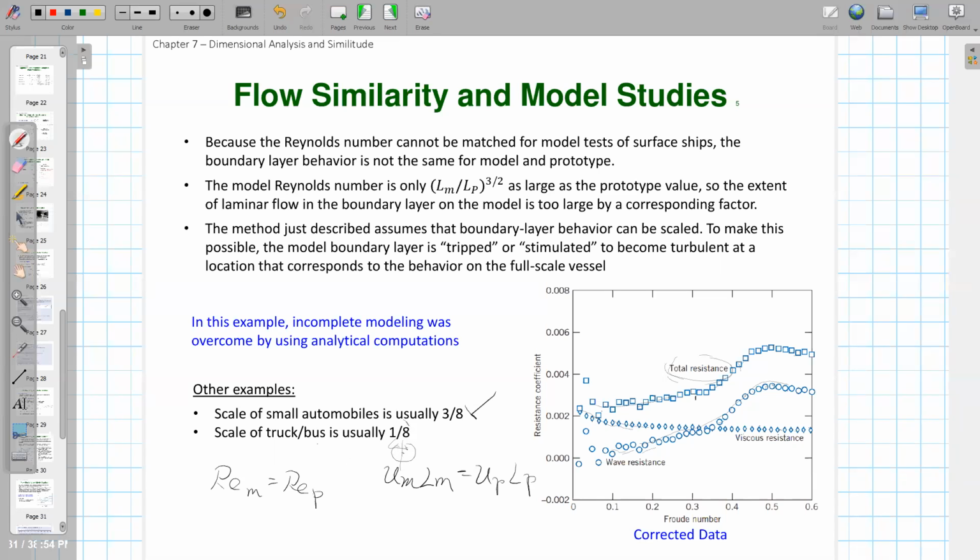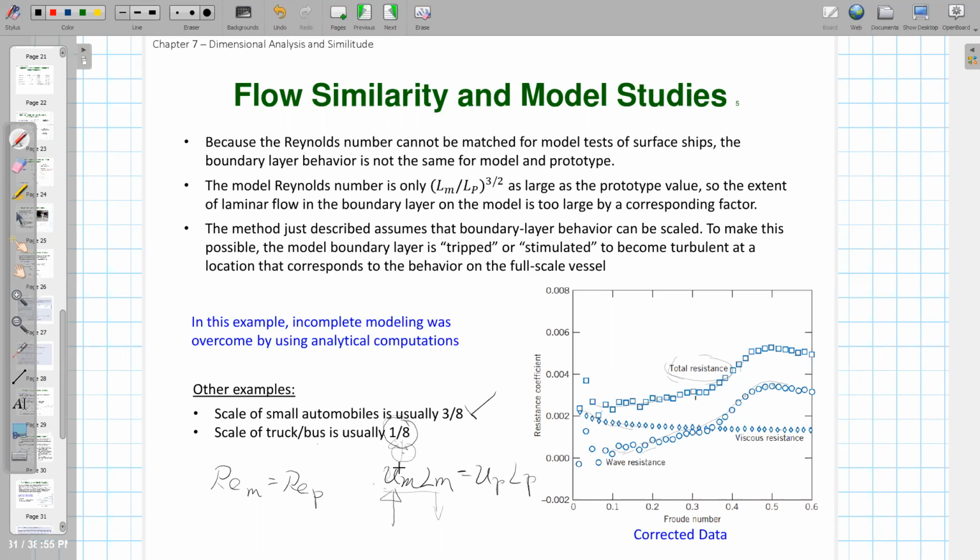It means that when you shrink this truck or bus smaller, and you want to reach the same Reynolds number, you have to make your velocity larger in the wind tunnel. So the smaller the factor you use to shrink your truck, the larger the velocity you have to use, so that you can match the same Reynolds number in your wind tunnel and the realistic case.